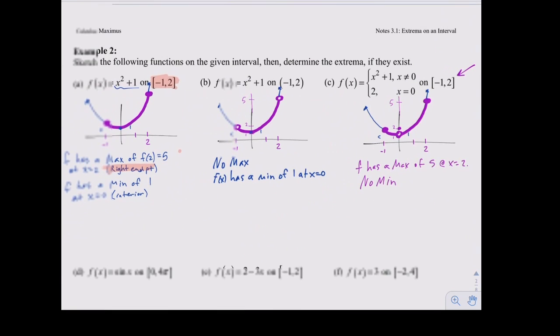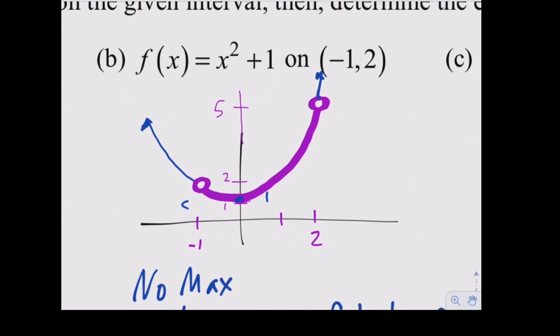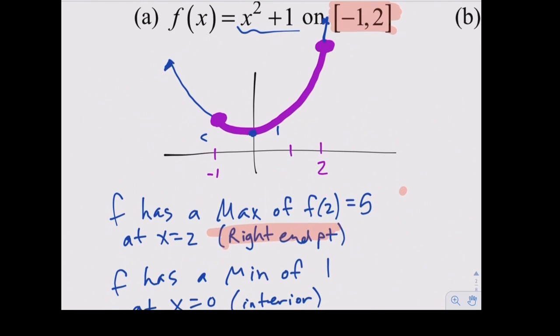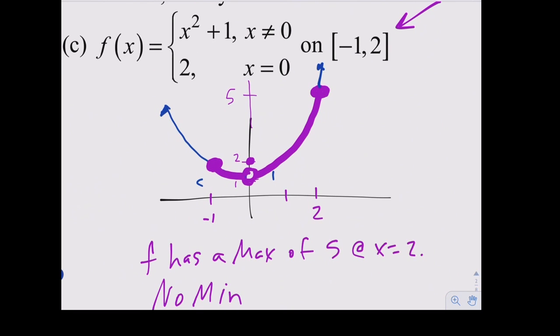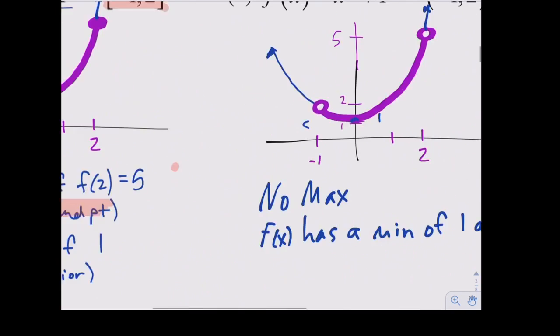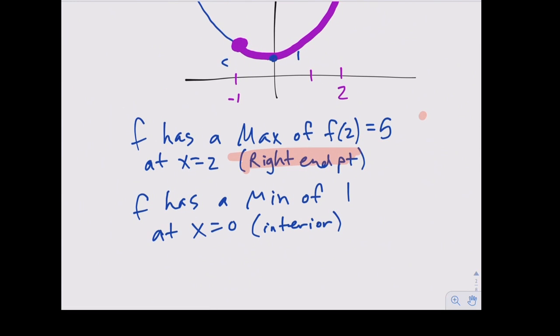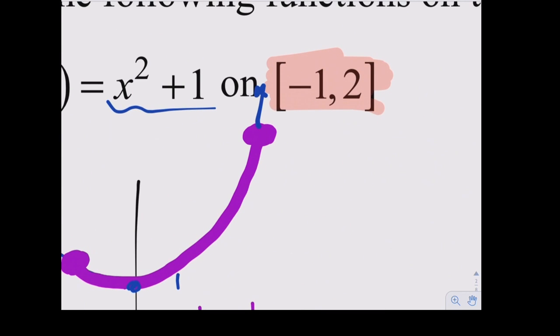So what was the difference? Well, we had a closed interval over here, and we had both a max and a min. But we have a closed interval over here, and we don't have a max and a min. So if we're interested in determining not only the values of x where the max and mins can occur, but under what conditions are we guaranteed to have both a max and a min, it would look like having a closed interval is part of it, right?